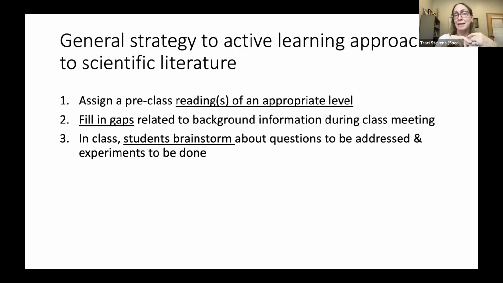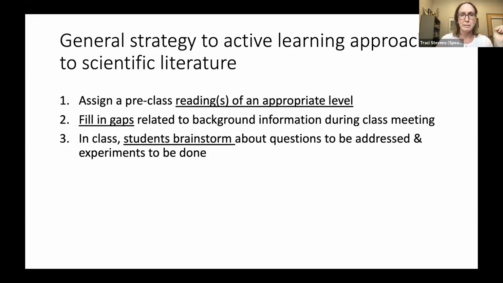So students at this point start brainstorming either about experiments to be done, if I think they're at a level where they can propose experiments, or maybe they just come up with scientific questions at this point, even if they don't know how to address those questions, but to start thinking about what kind of science would be done.